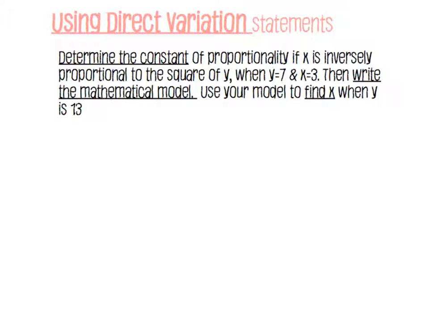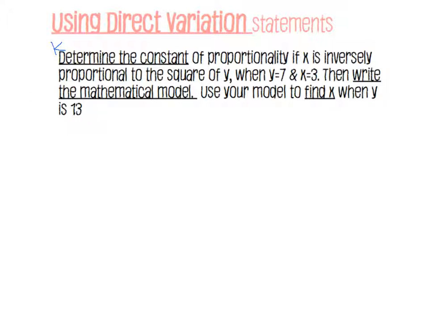Last thing, where we can use this direct variation relationship to solve some sort of problems. Now, we're probably going to keep it pretty generic for right now. This problem says determine the constant of proportionality. That's the K. I'm looking for K. If x is inversely proportional to the square of y, when y is 7 and x is 3, then write the mathematical model.